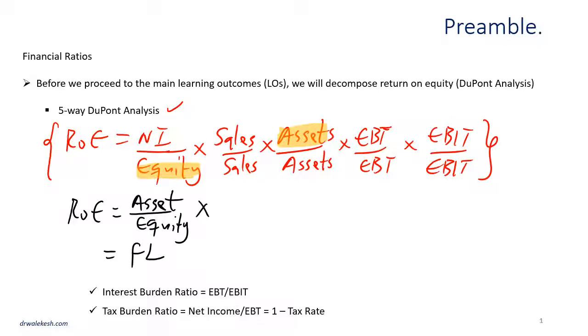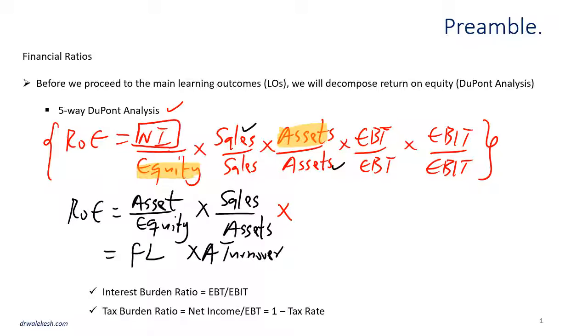If I decide to pick this against this, that will be sales over asset. Sales over asset is what we call asset turnover. Still moving on, if I decide to pick this against this, that is net income all over EBT.